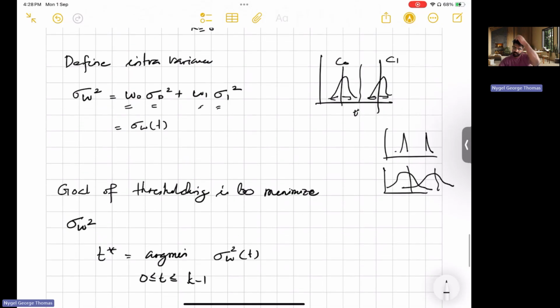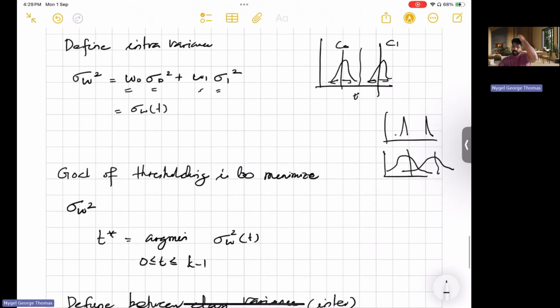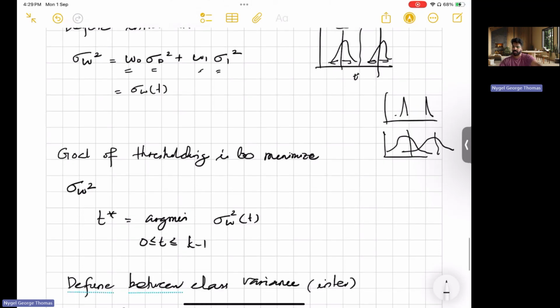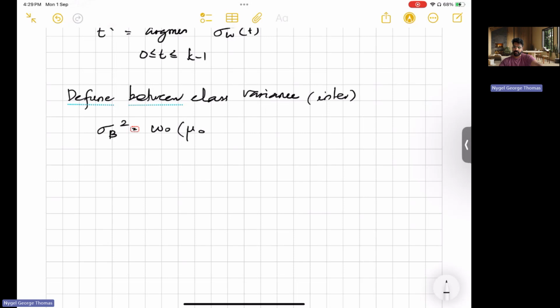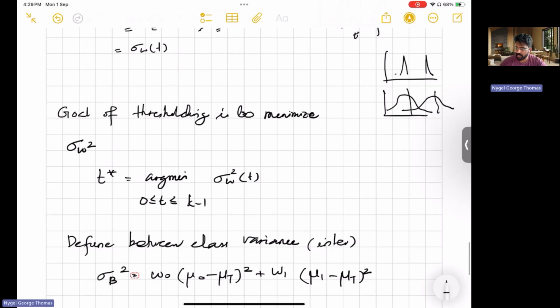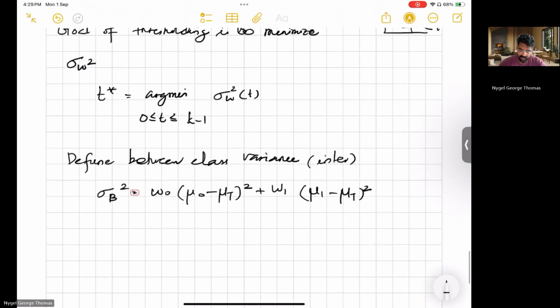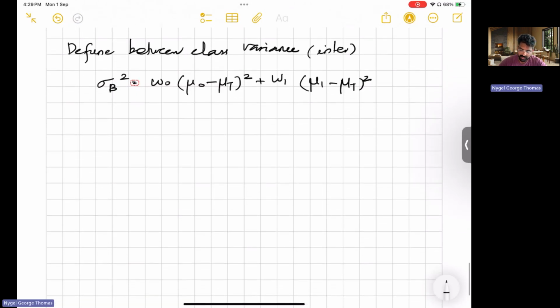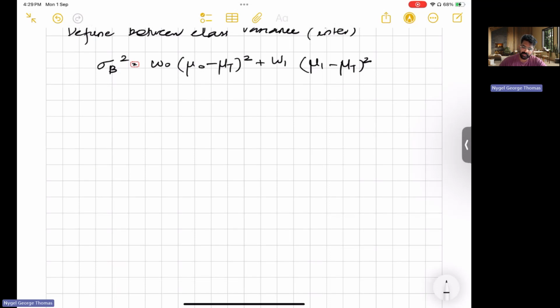So how have we defined within class variance? It is omega naught into sigma naught squared plus omega 1 into sigma 1 squared. Here we're defining it differently, not exactly with sigma. This is how we're defining between class variance.